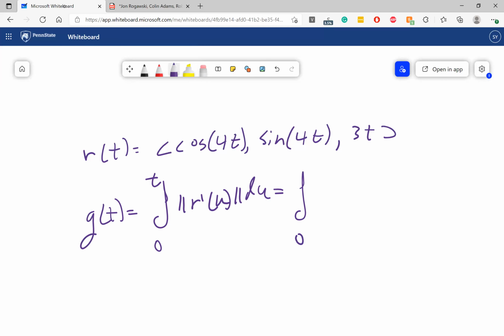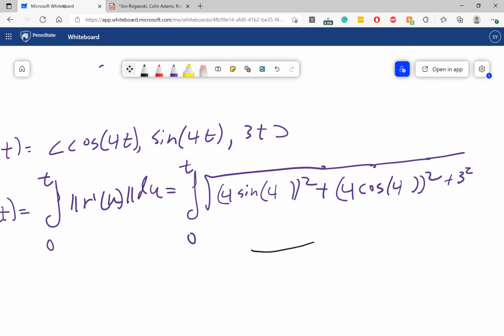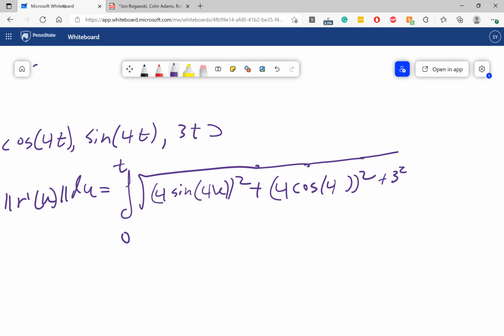It's going to be the integral from 0 to t of the square root of 4 sine of 4u squared plus 4 cosine of 4u squared plus 3 squared, du. So far, any questions?